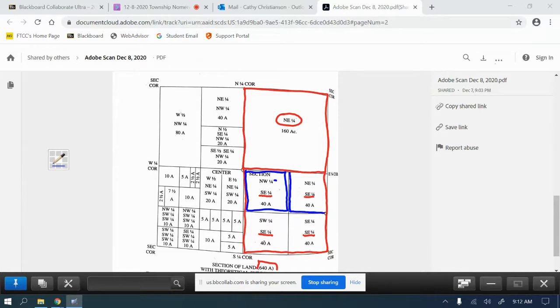This would be the northeast. And so the smaller section is the number that goes on top. Southeast and southwest. So that's how you would write that one. And it's 40 acres.